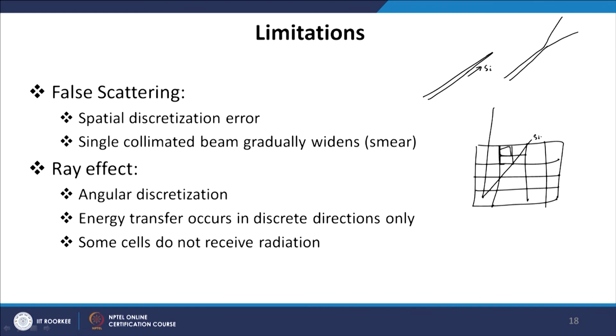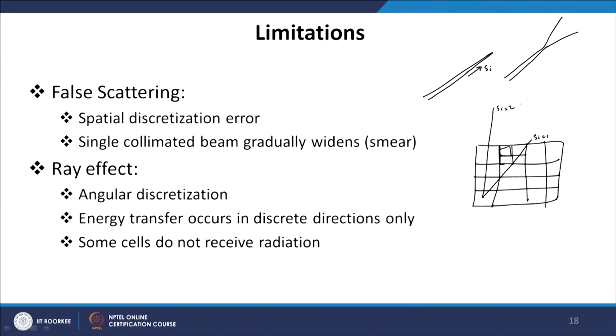Let us say this is SI equal to 1 and this is SI equal to 2, the angular directions that we are discretizing. So, there may be some cells in the region which are not touched or affected by the discrete intensity directions. This is called angular discretization error and it is called ray effect. Because the energy transfer is taking place in discrete directions only, some cells do not receive radiation and we get some kind of error.